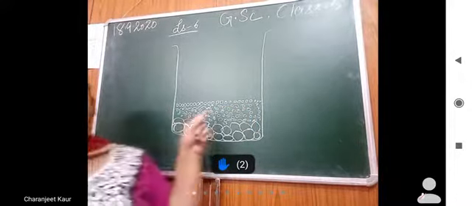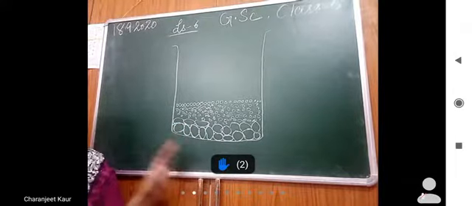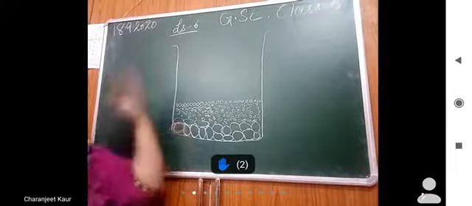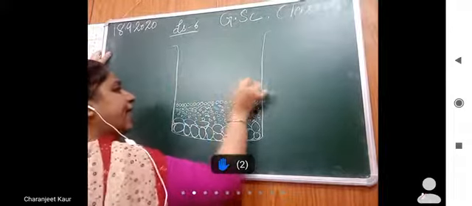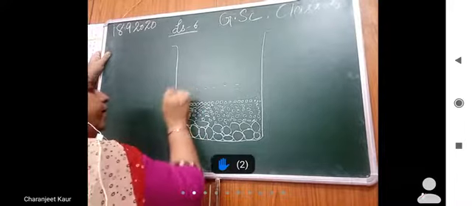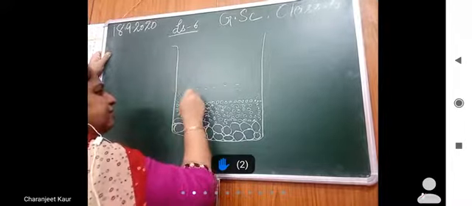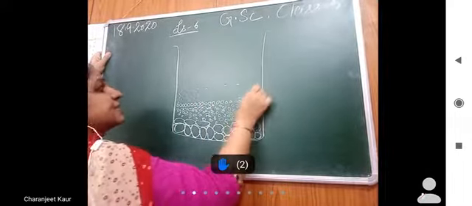Above the sand there is a layer of clay, right? Clay is finer than sand. So you will draw clay like this. Is that clear? You have to draw clay like this.